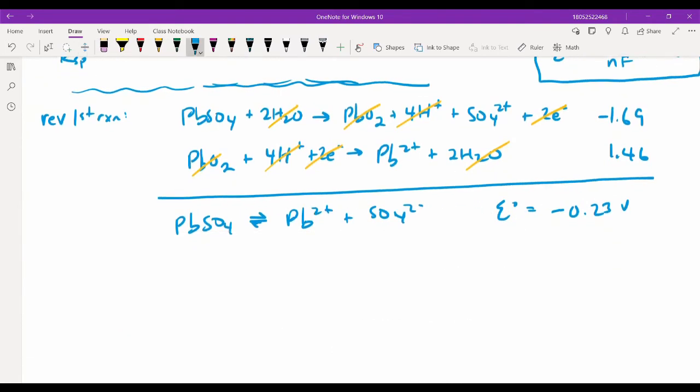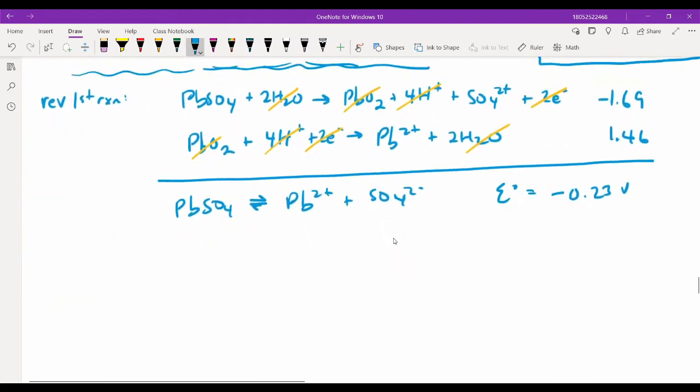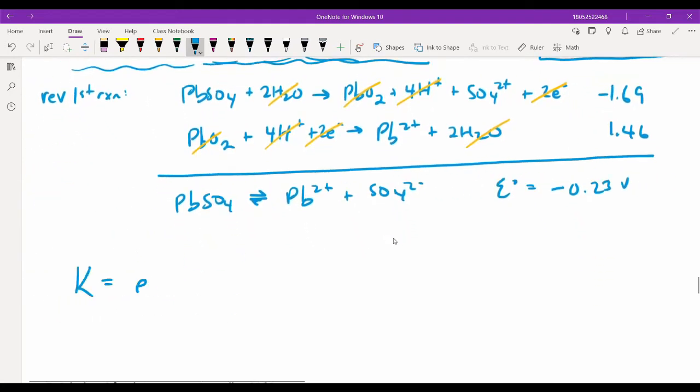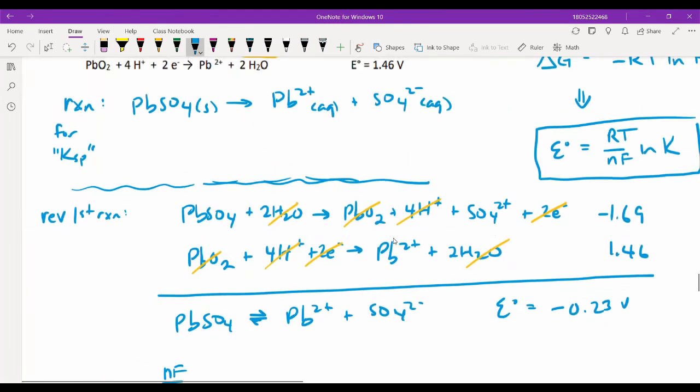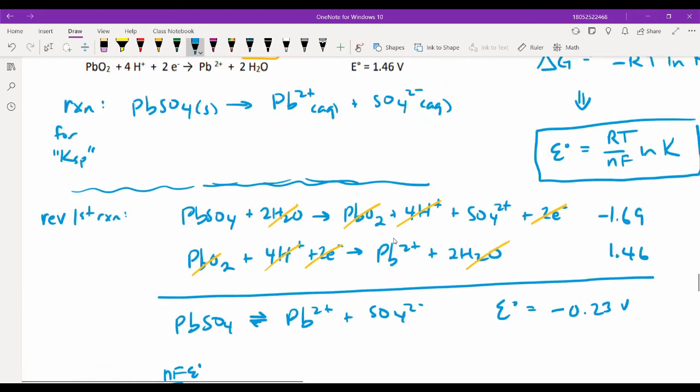So if we take our E naught equation, RT over NF ln K, and solve for K, we would get K equals e to the NF E naught over RT. I was missing the E naught there.